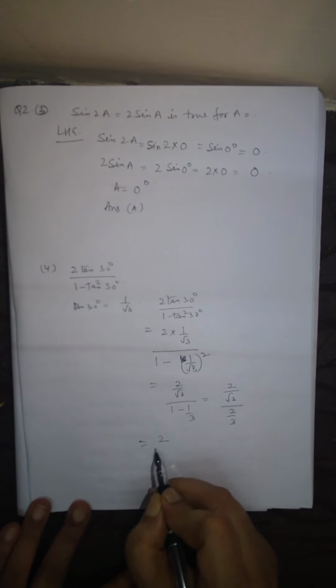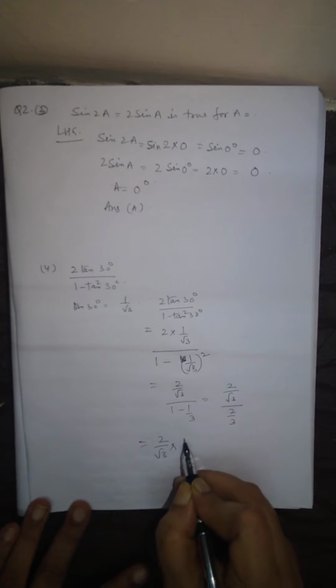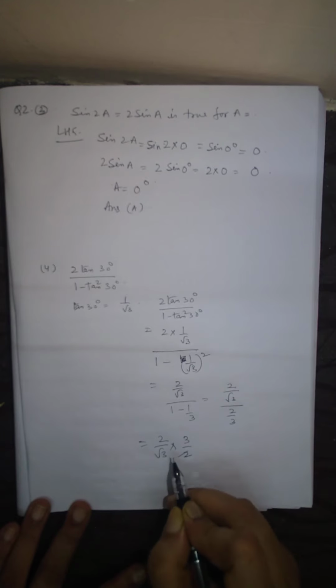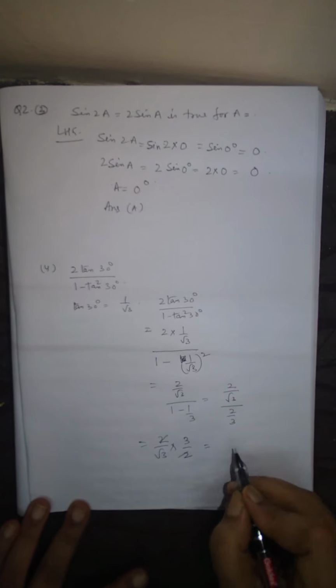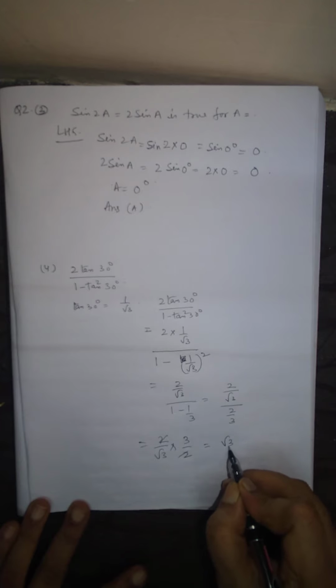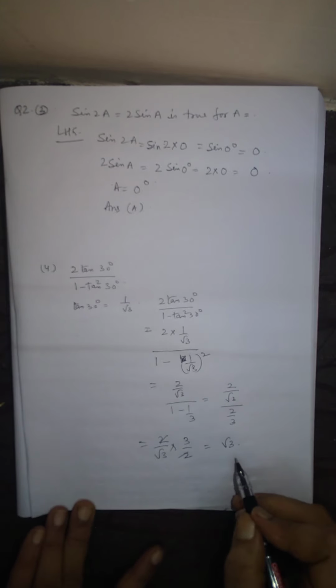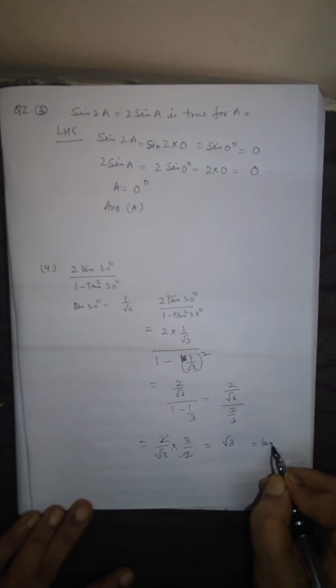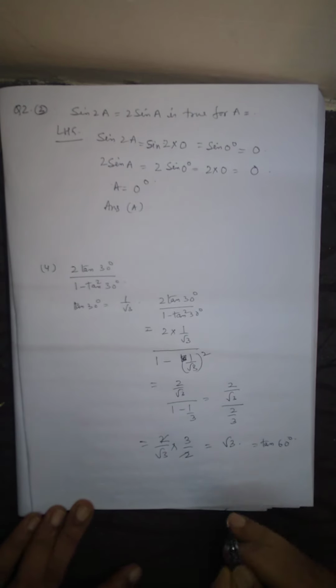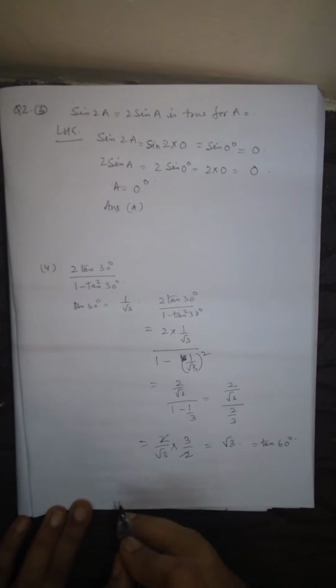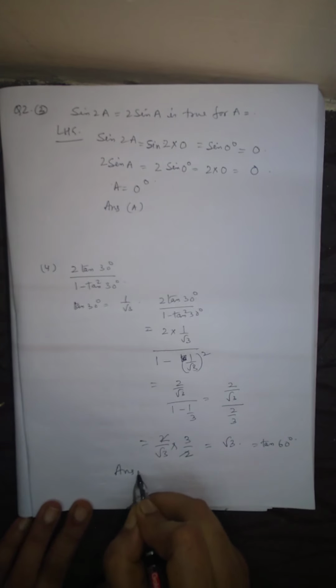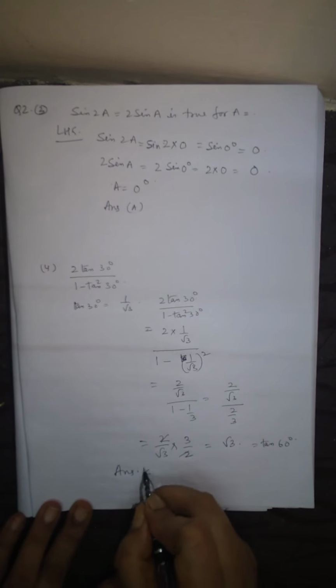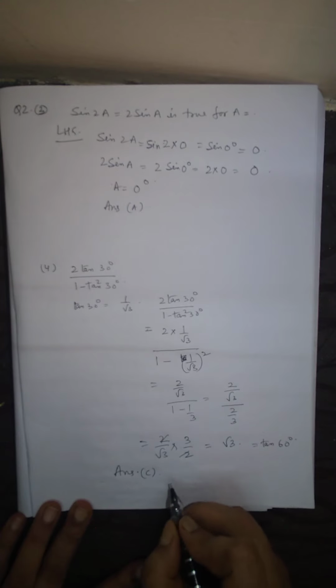This is equal to 2 by root 3 into 3 by 2. 2 cancel, and this is equal to root 3. And root 3 is what? That is equal to tan 60 degree. So our answer option is C, that is tan 60 degree.